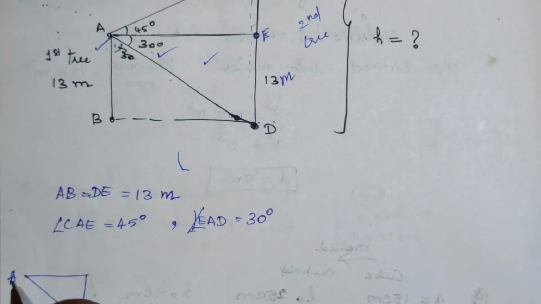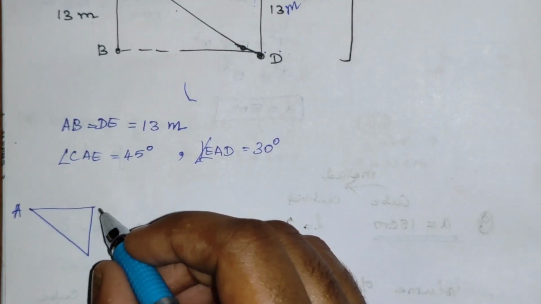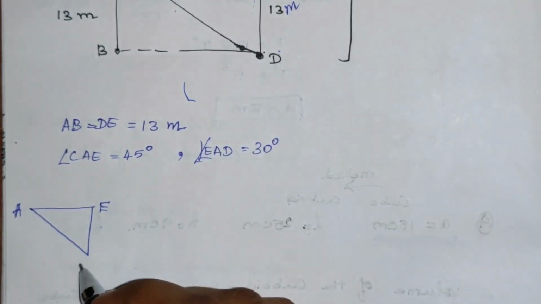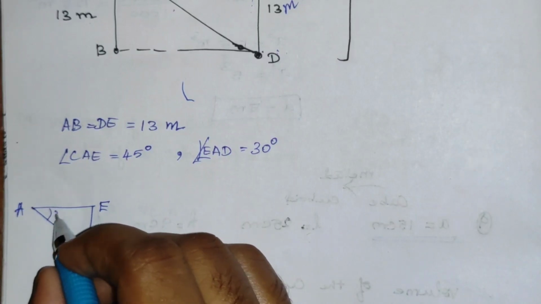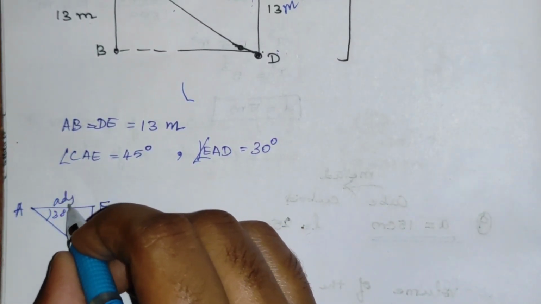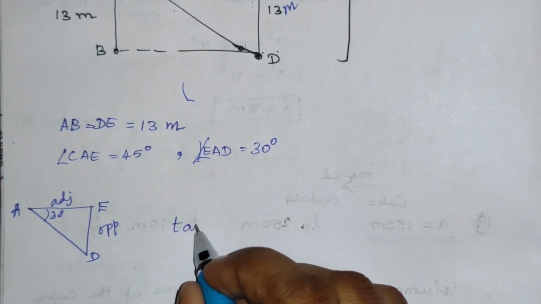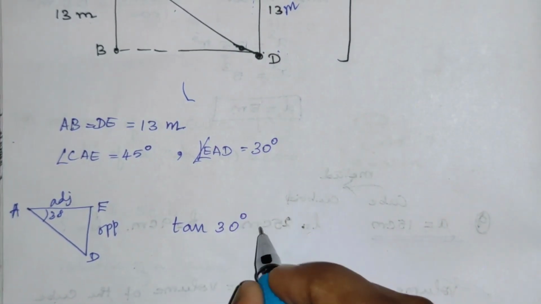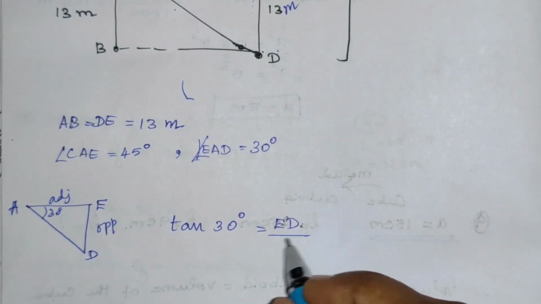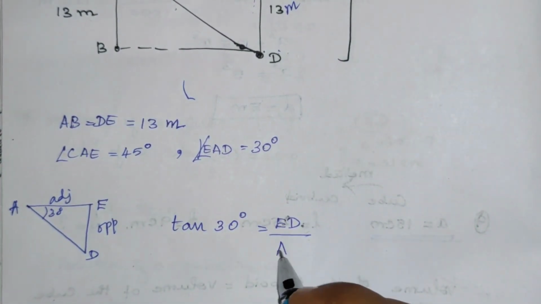In triangle AED, this is 30 degree. So this one is your opposite side, and this one is adjacent. So tan 30 degree is equal to opposite ED by adjacent AE.